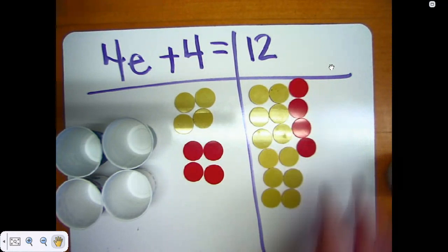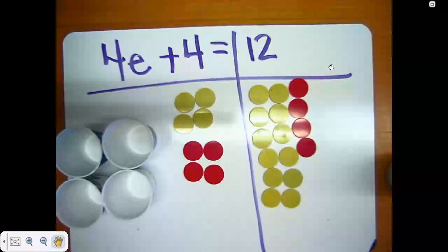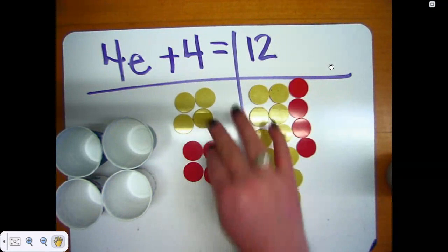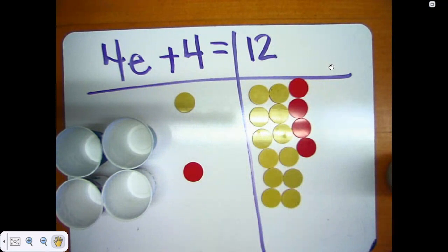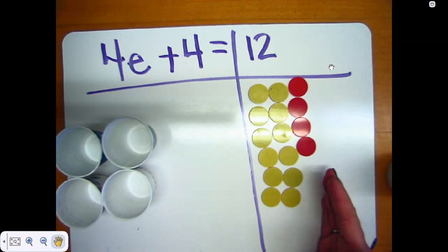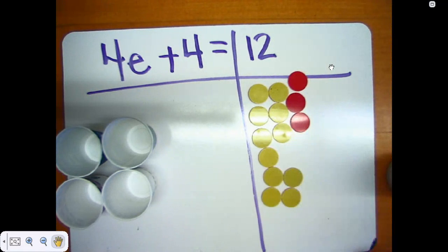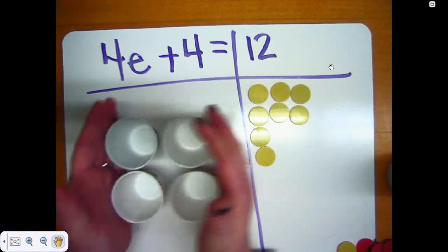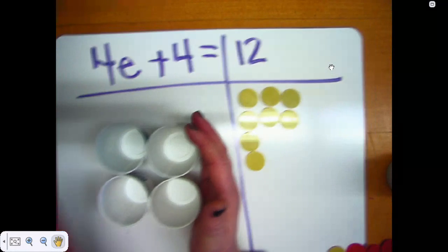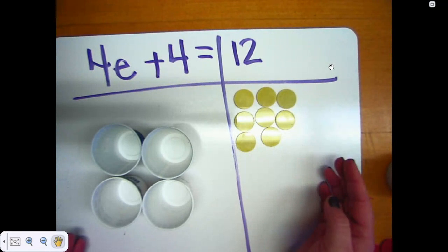Okay, so now I see that I have 0 pairs, so I'm going to remove them. And I see that I also have 0 pairs on this side, so they are removed also. Now I am left with only variables on this side and only counters on this side.